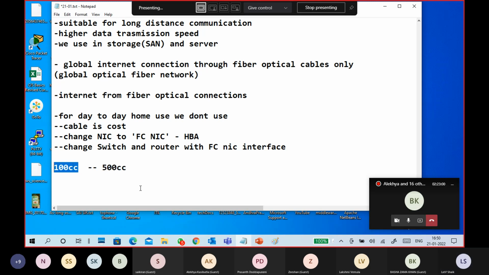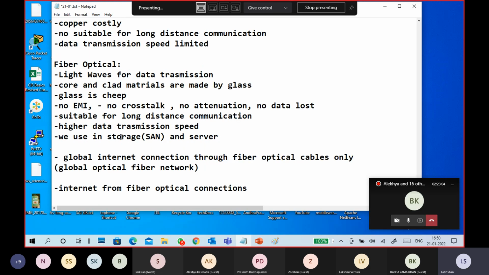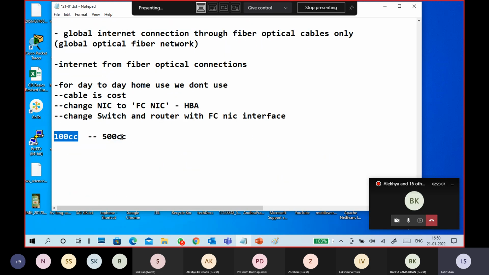So both twisted pair cables and fiber optical cables are important. Guys, never say one is good so another is bad. It depends upon the utilization.